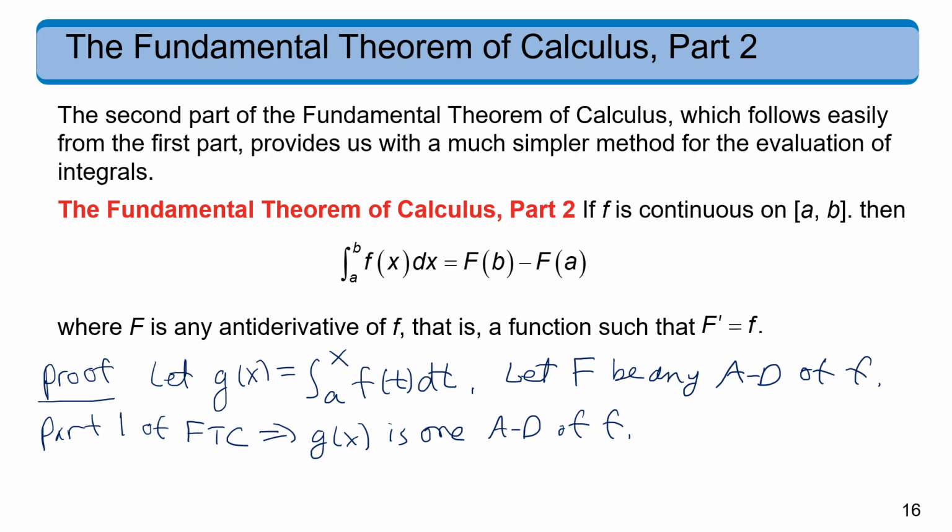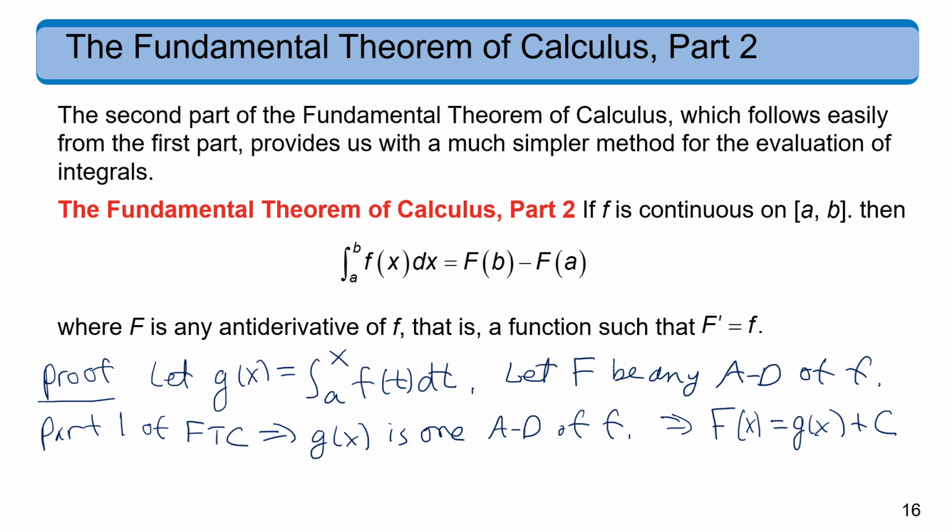So we learned not too long ago that to find the formula for all the antiderivatives, we call that the general antiderivative, all you do is you find one antiderivative and then you put plus c at the end. So that tells us that capital F, because it's an antiderivative, has to equal this g of x plus some constant.